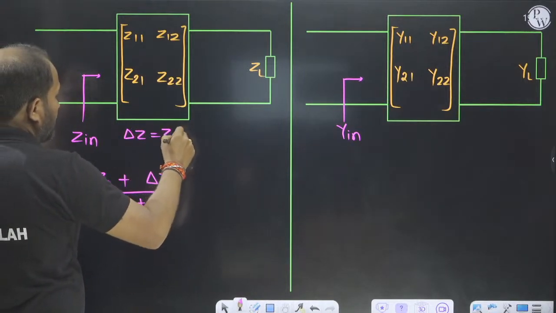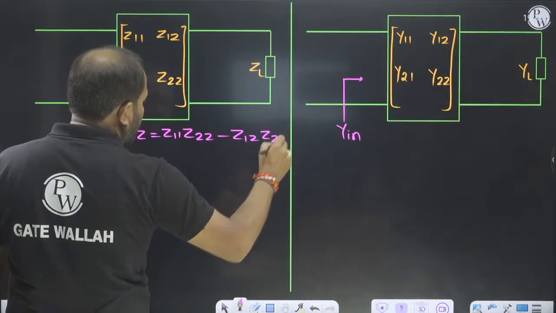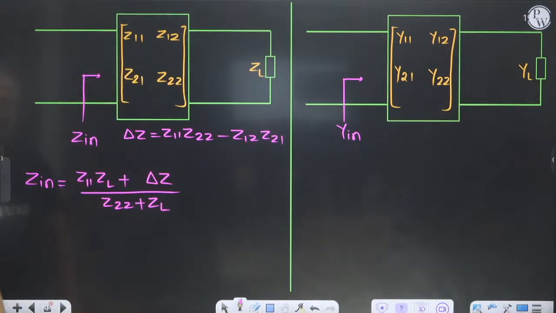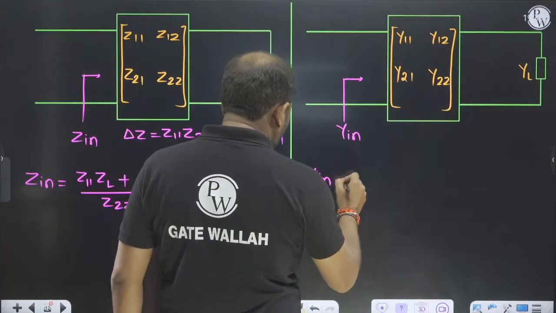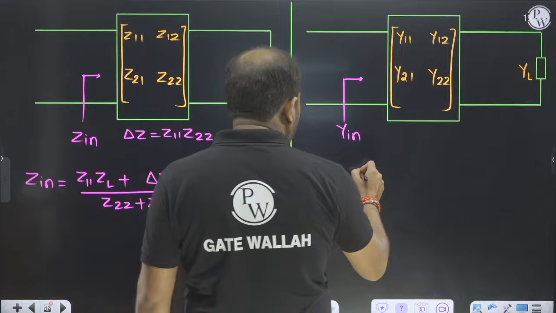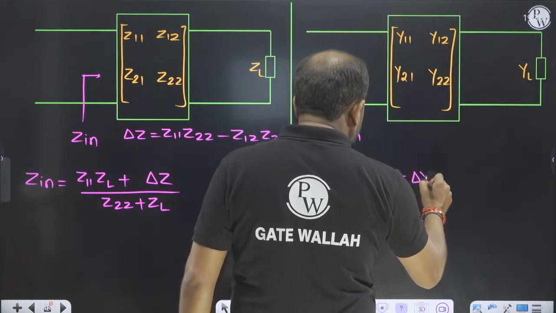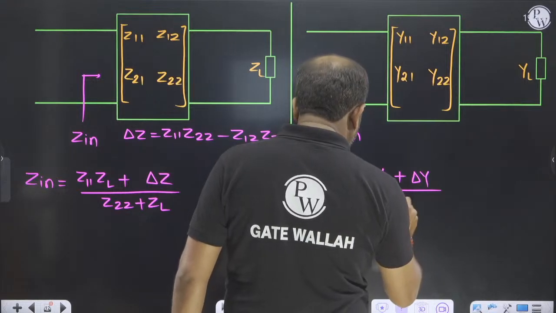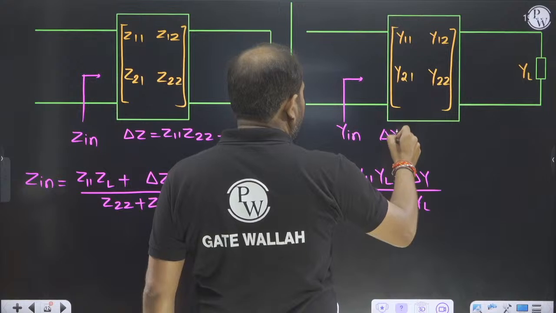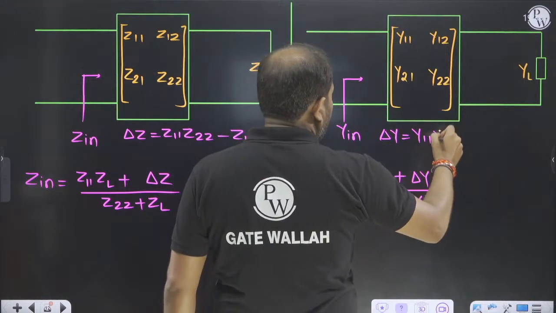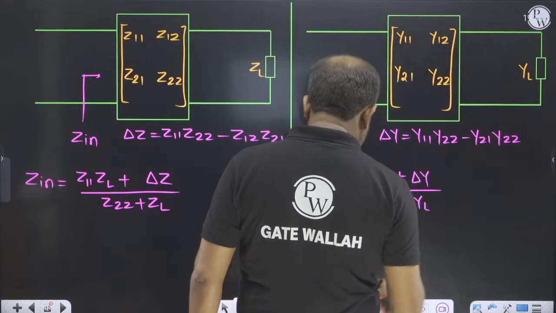Delta Z is nothing but the determinant of the Z matrix. So we have calculated Zin. Here we have calculated Yin. Yin will be equal to Y11 into YL plus delta Y, divided by Y22 plus YL, and here delta Y will be equal to the determinant of the Y matrix.